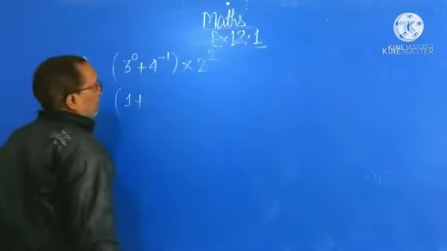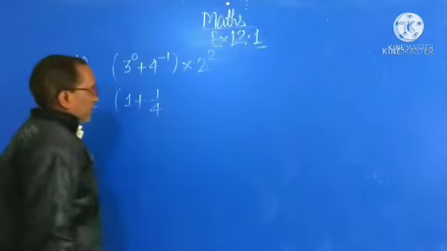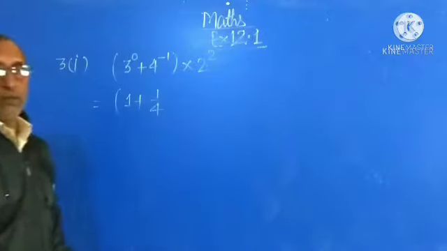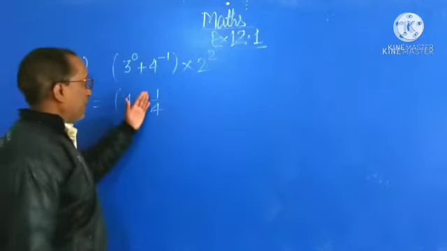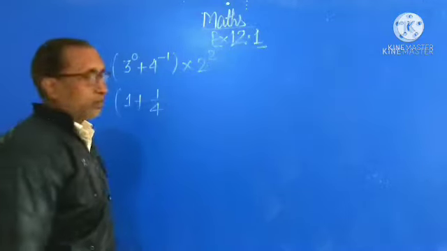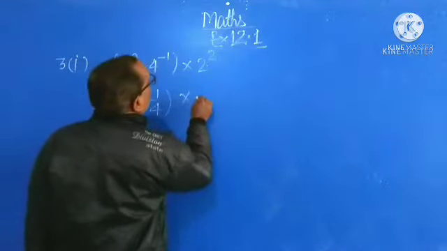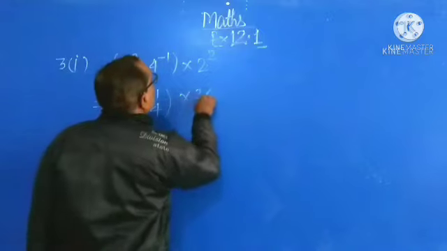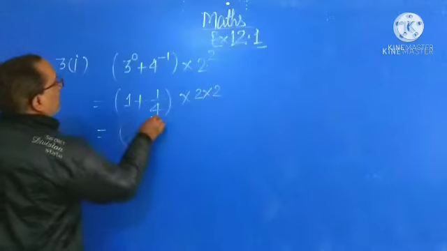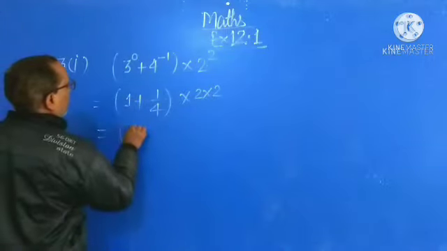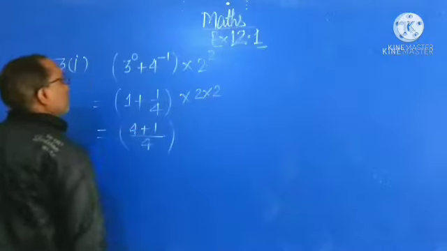Plus 4 inverse is written as 1 upon 4, because the power is negative and I want to convert it to positive. Into 2 raised to power 2, that is 2 into 2.